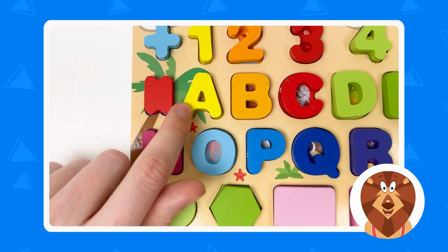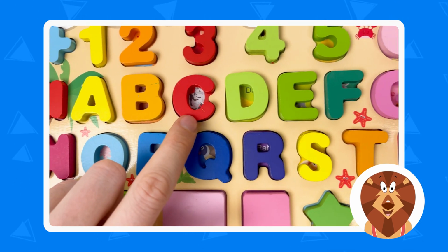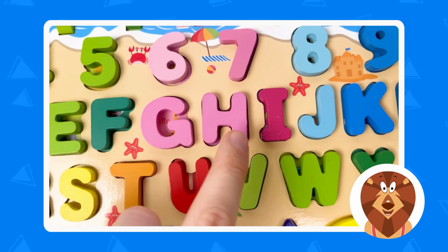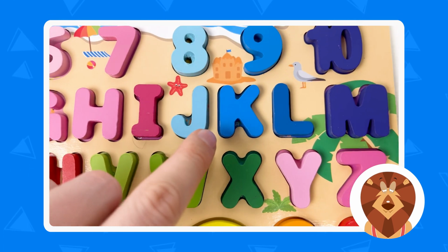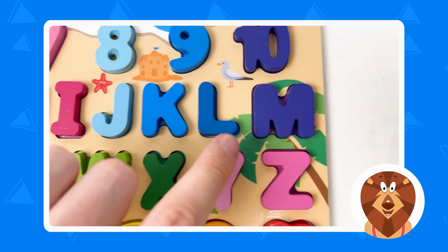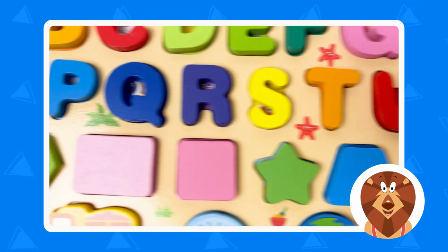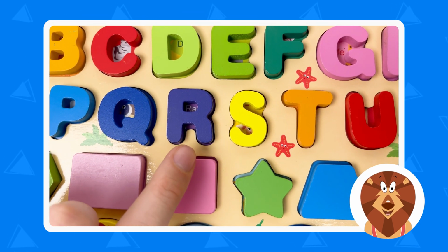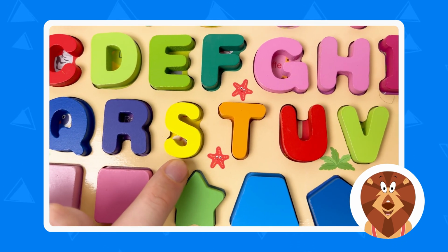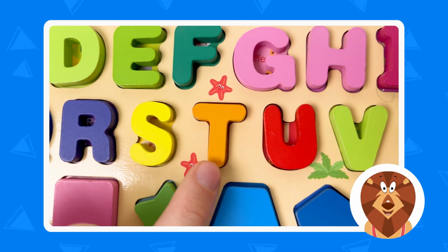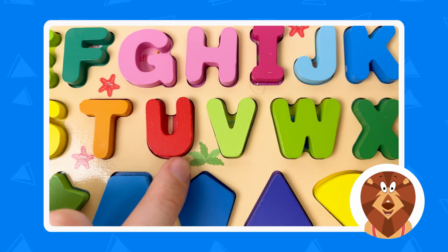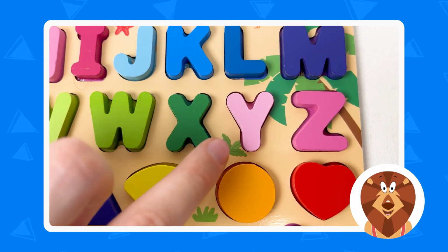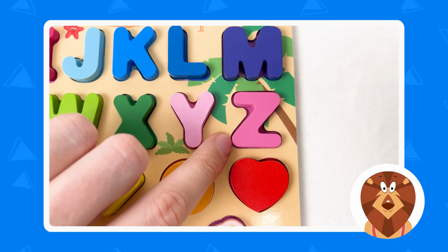This is letter A, letter B, C, D, E, F, G, H, I, J, K, L, M, N, O, P, Q, R. And this letter, you know it, it's letter S. And this is letter T. And this one U. And the next one V. And the next one W. And this X. This one Y. And the last one Z.